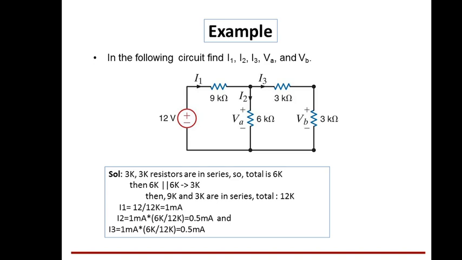So 6 into 0.5, that is 3 volts, right? If you want VB, again the current flowing is I3. So I3 into 3 kilo ohms. I3 is 0.5 milliamperes into 3 kilo. Milli and kilo cancel, 3 into 0.5. So 1.5 volts. Okay, in this way you find it.